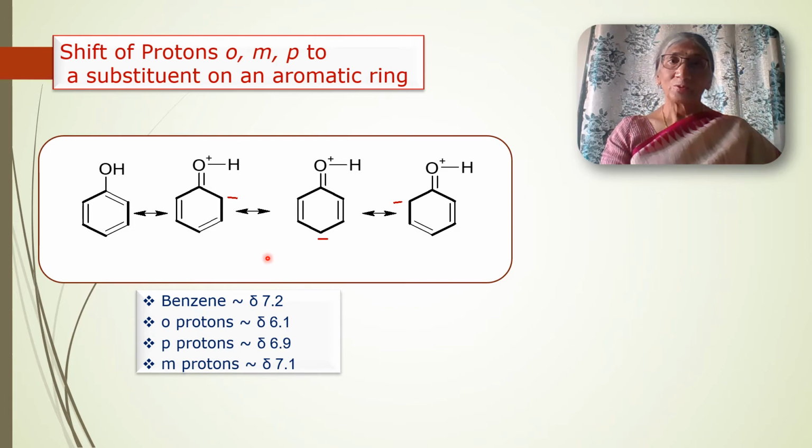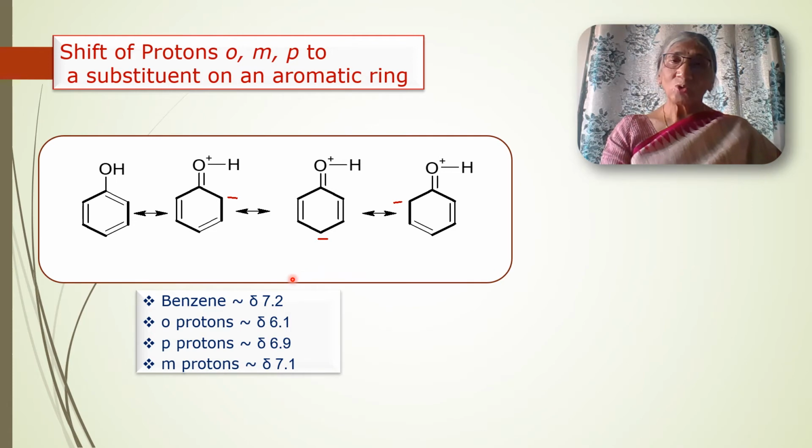Therefore, the protons present on the ortho and the para position get shielded because electron density is more at the ortho and the para position, and the meta protons are relatively de-shielded.